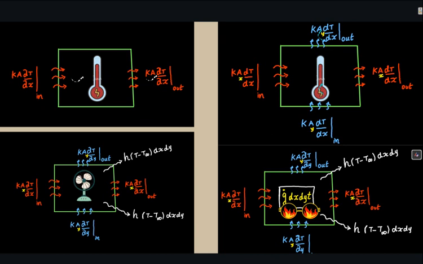If you place a ball at the top corner of the right angle triangle, the ball is going to roll over because the higher potential energy is converted into kinetic energy, and the ball just rolls to reach the lower potential energy, right? So that's quite intuitive. In exactly the same fashion, you can think of this as: the greater the temperature gradient, the greater is going to be the heat transfer.